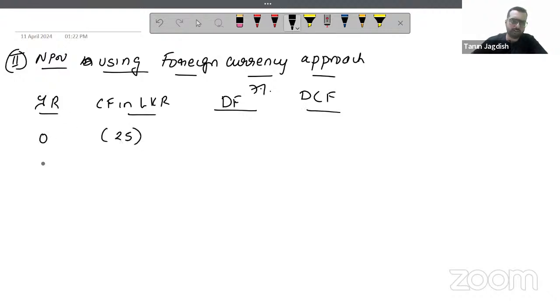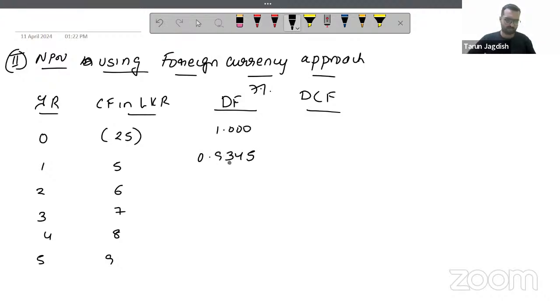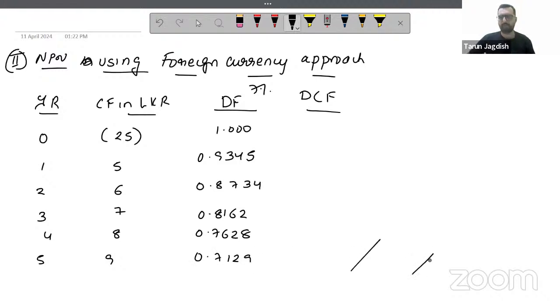So year 0, you're investing 25, then you get 1, 5, you get 6, you get 7, you get 8, and finally you get 9. 0.7129. Okay, so once you do this, you will get the NPV.